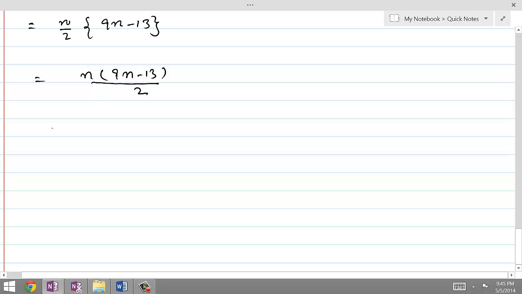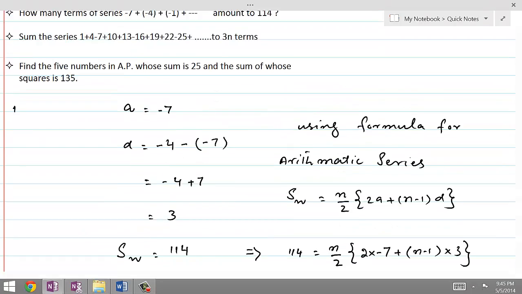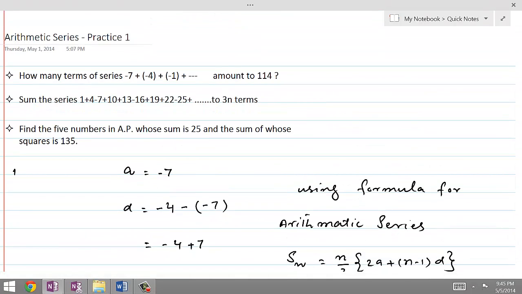Now the question number 3 that is given here is that we are going to find 5 numbers in AP, meaning in arithmetic progression, whose sum is 25 and sum of whose squares is 135.